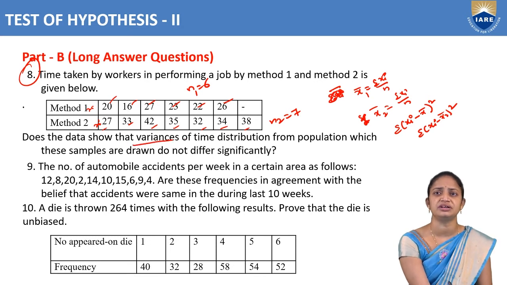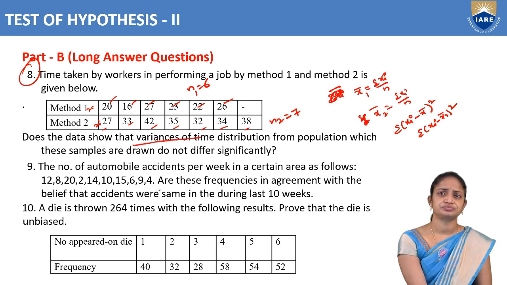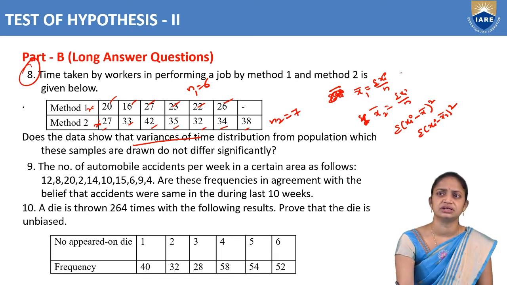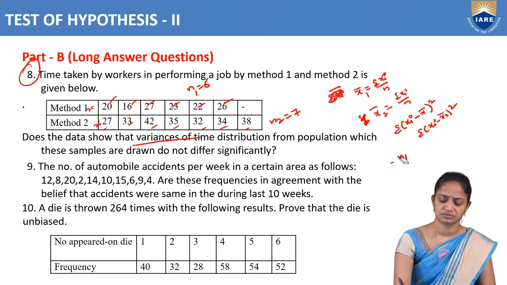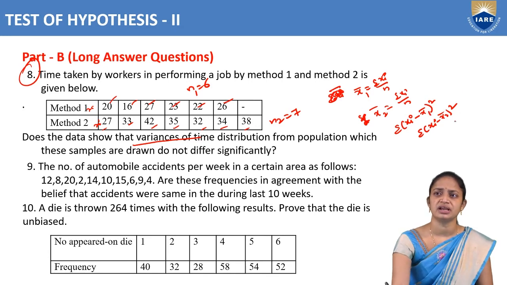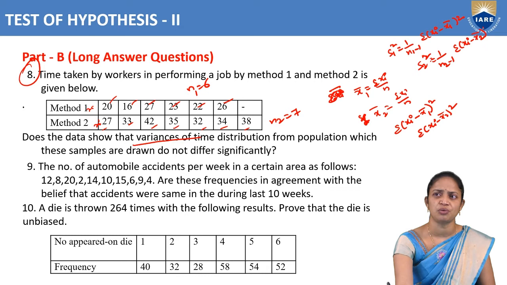But here they have mentioned variances, right? So for variances we have to use the next formula. That is s1 square equal to 1 by n1 minus 1 into summation xi minus x1 bar whole square, and s2 square equal to 1 by n2 minus 1 into summation xi minus x2 bar whole square.